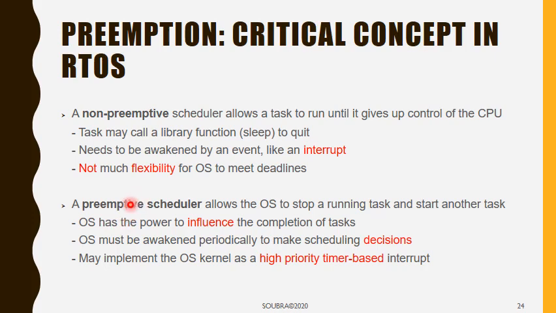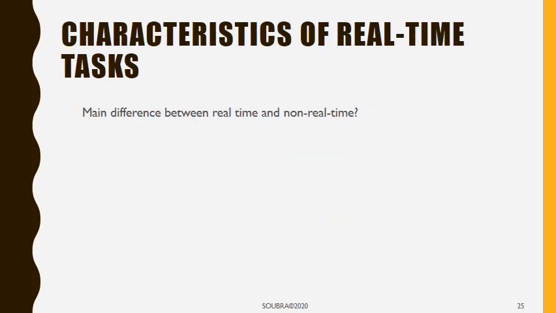Preemption is kicking out a task with a lower priority to make space for a task with a higher priority. Fair enough, and this is what you need to know about it.